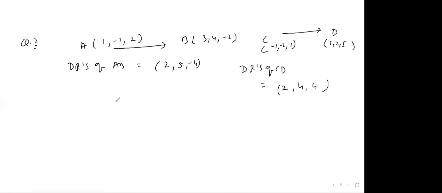Now, if they are perpendicular, then A1 A2 plus B1 B2 plus C1 C2 should be equal to 0. Let's check it. 2 into 2 plus 5 into 4 minus 4 into 4.